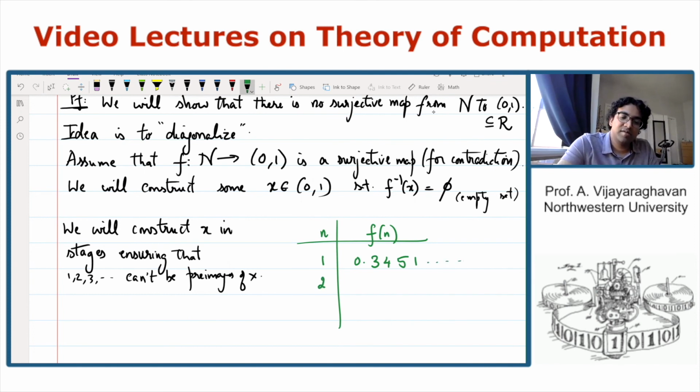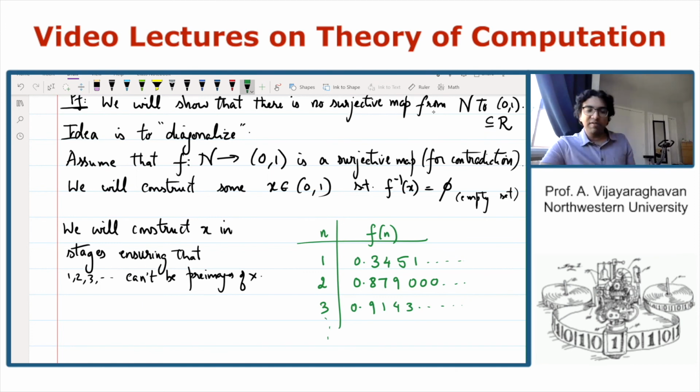The number 2 is maybe mapped to 0.87900, and so on. Then 3, let's say, is mapped to 0.9143, and so on and so forth.